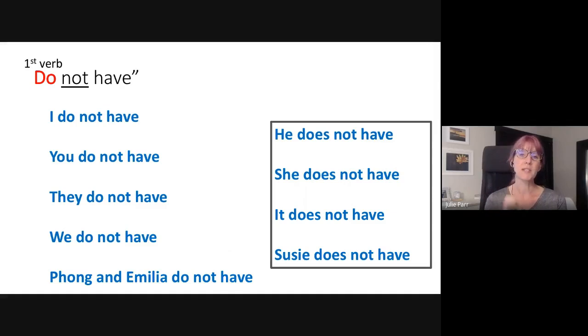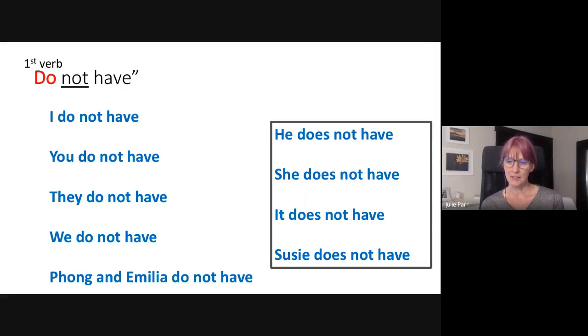When I use the negative, I need the words do not plus have. Do is now my first verb. The pronouns need to match the first verb. I do, you do, they do, we do. Fong and Amelia do.